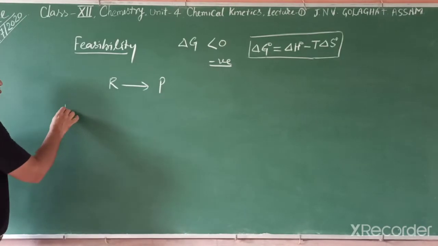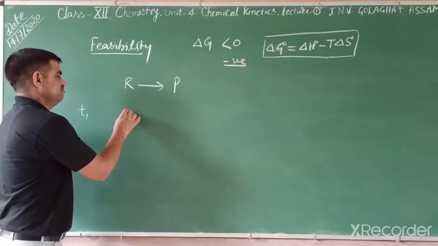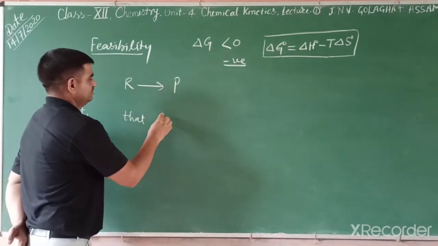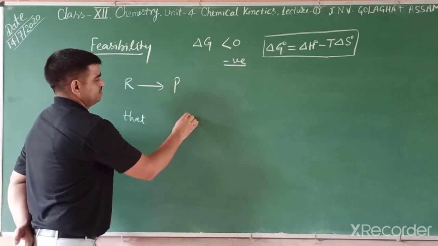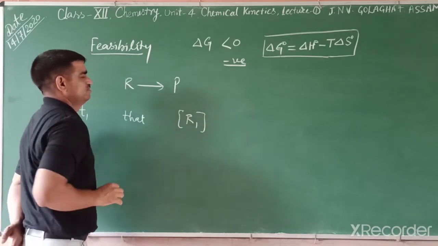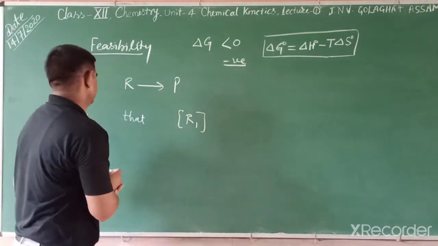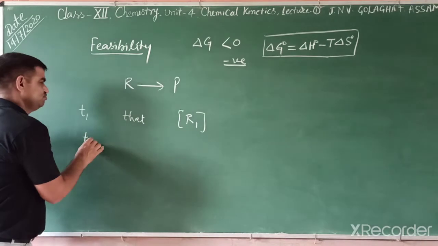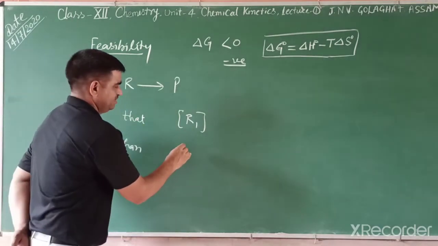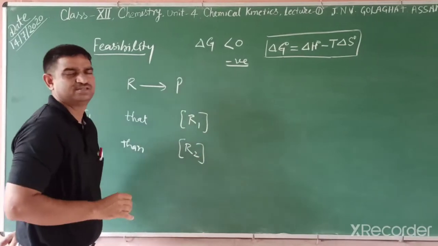Suppose at time T1, when the reaction starts, the concentration of reactant is R1, and we write it in square brackets. Why do we write it so? Because concentration is in moles per liter. When the time is T2, then the concentration of the reactant is R2. We write it in square brackets.